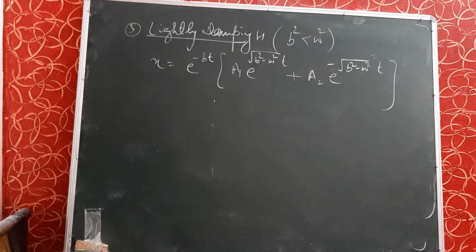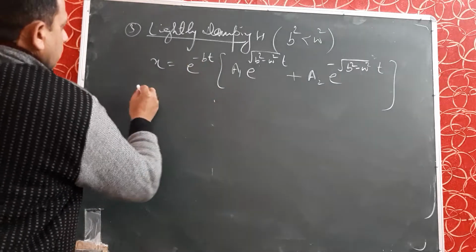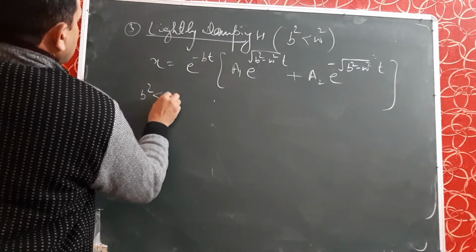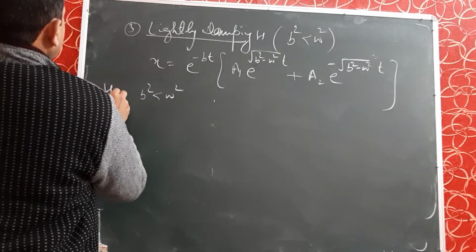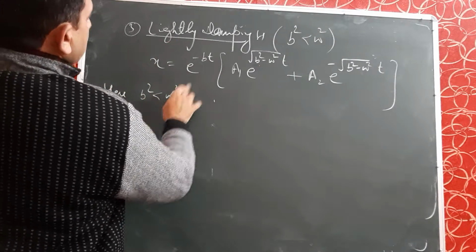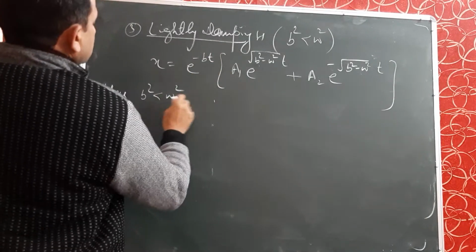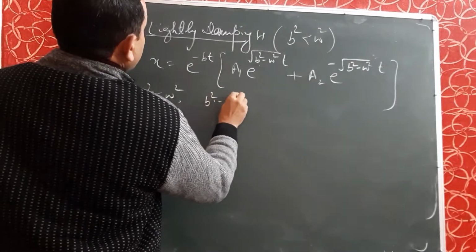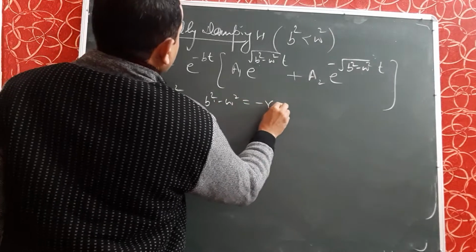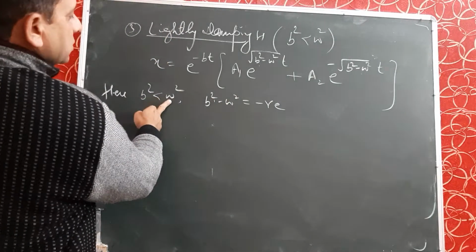When b square is less than omega square, we know that in this case this condition is applicable. So, b square minus omega square is negative because it is less than this.